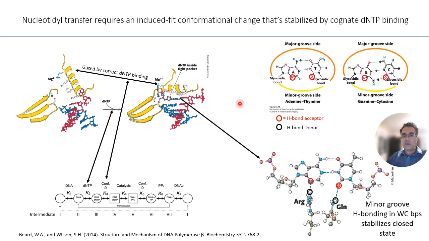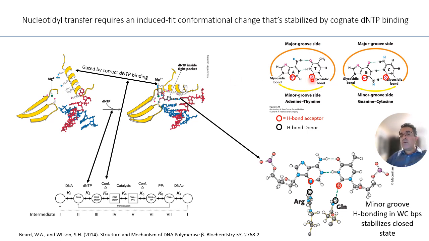There's also an additional check on the correctness of the Watson-Crick base pairing, and that comes from two residues within the enzyme's active site, which are going to be sensing hydrogen bond acceptor groups in the minor groove of what will become the double-stranded DNA that will be made.